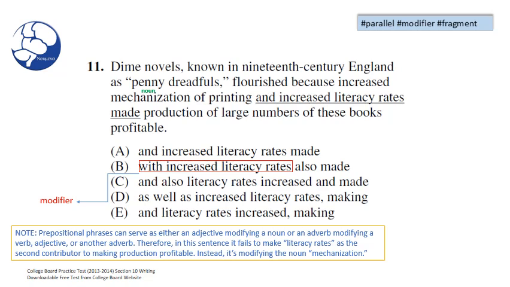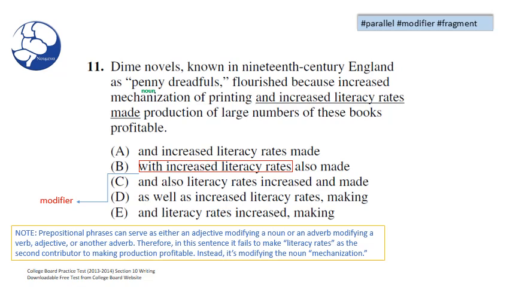The first thing being increased mechanization of printing. The second contributing factor, increased literacy rates. With cannot function as a coordinating conjunction, so essentially it's leaving out the second contributing factor, which is necessary for this sentence to be accurate.